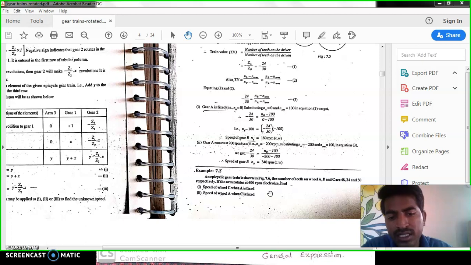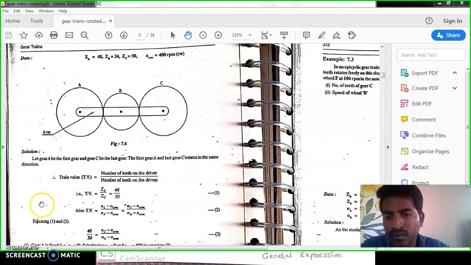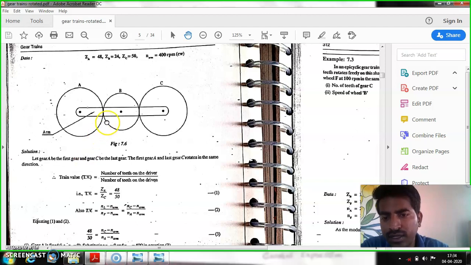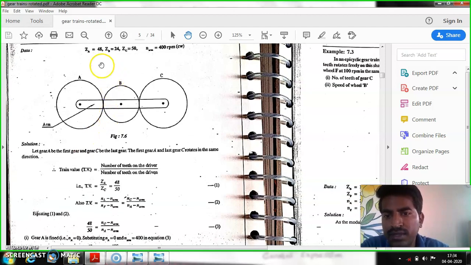Second, the speed of wheel A when C is fixed. Vice versa is given. Let us see the solution for this. Okay, here is the given figure. It is given that teeth on the first gear is 48, teeth on the second gear 24 and 50, and the speed of the arm is given as 400 rpm clockwise.